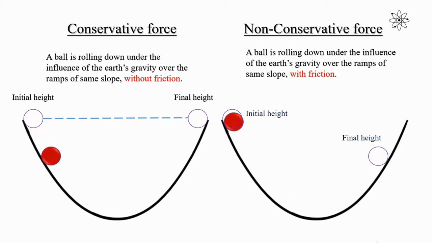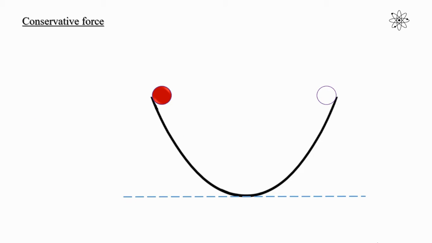Now let's understand it in more detail. Let's first consider the conservative force acting on the ball. Here is the initial height of the ball, which is h. And second, where it reaches, that final height is also h. So both these heights are the same.